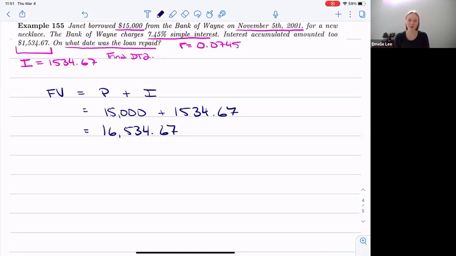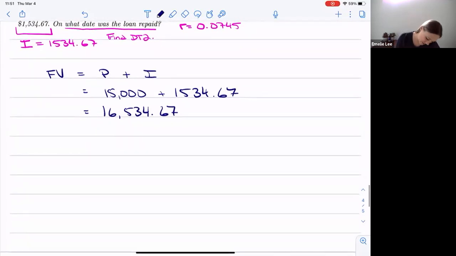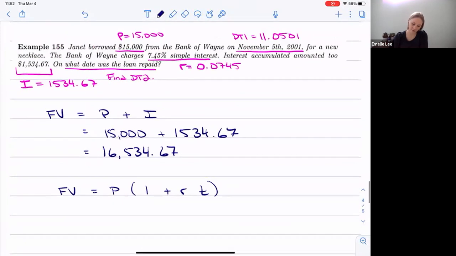Okay, so now I have my future value. For some practice with the future value formula, the future value is P times (1 plus r times t). If eventually I want to find date 2, I need to find t in days, because as long as I have two of the three inputs for the days between dates, I can find the third.